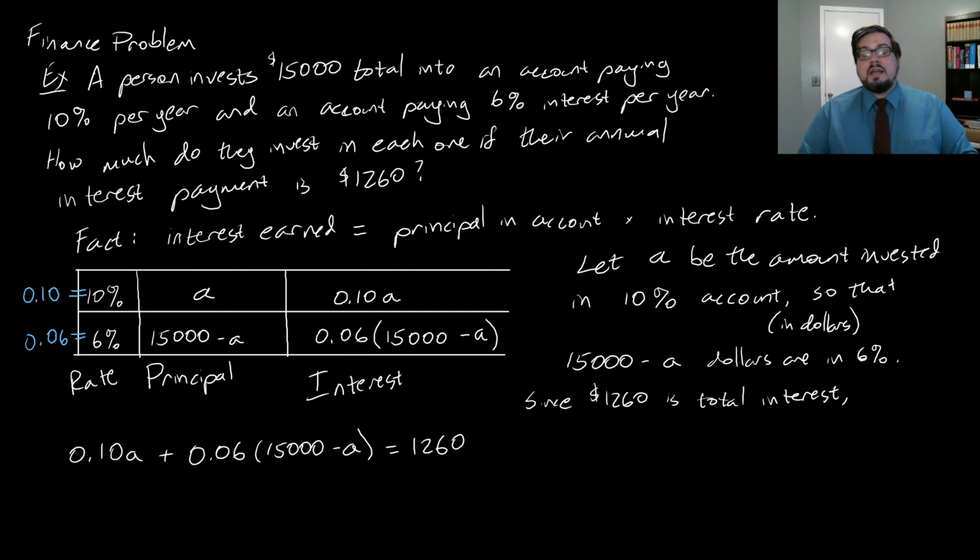So now, again, we have a nice linear equation. It's got some decimals in it, which is something that we don't see all the time, but we do work with sometimes.